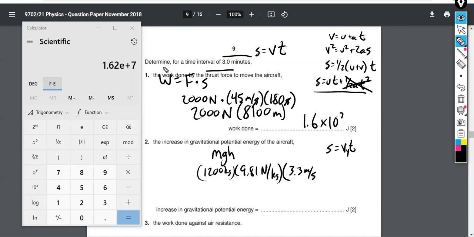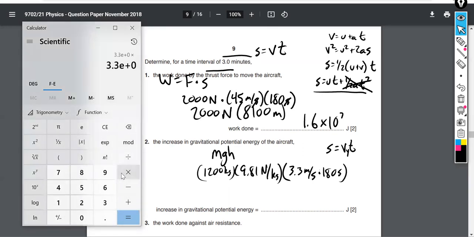And again, all of these calculations, 1, 2, and 3, start with the precursor determined for a time interval of 3 minutes. So we've got still 180 seconds of climbing 3.3 meters every second for 180 seconds. It means we've traveled how far vertically?